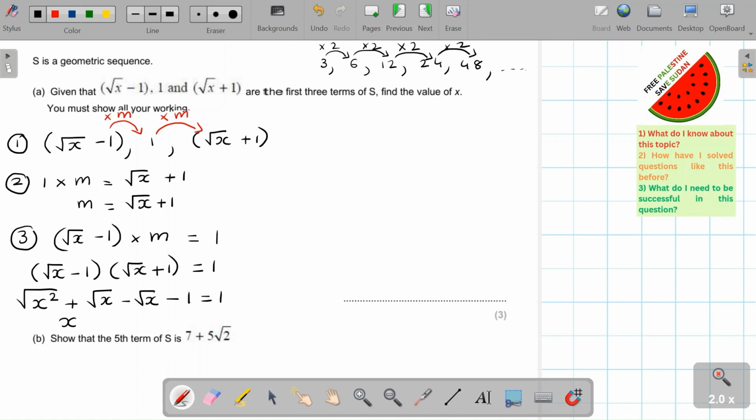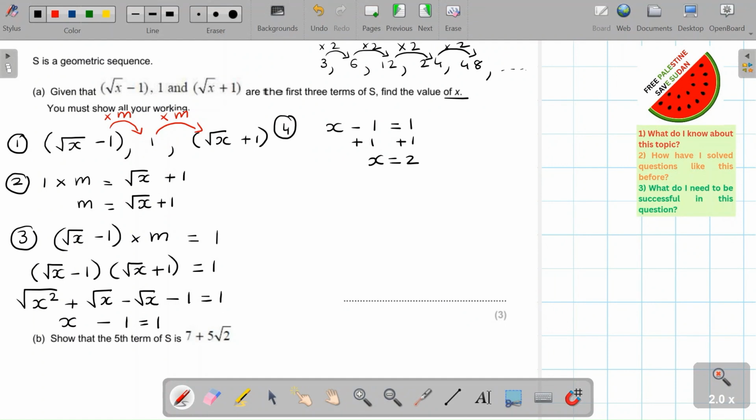Root x minus root x, these two cancel each other out, so I'm left with x minus 1 is equal to 1. Add 1 both sides. x is equal to 2. So that's the value of x.